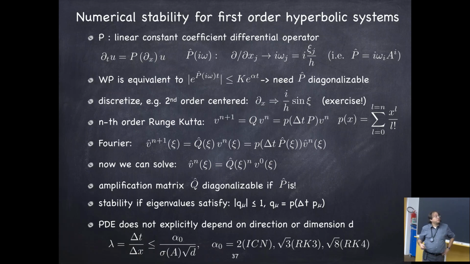Now we have to go to the discrete case. So now we discretize this, whatever. For example, second order centered finite differencing. Let's take it easy at first. And then you have to Fourier transform your derivatives to the discrete. So first you have to discretize it and then do the discrete derivative in Fourier space.